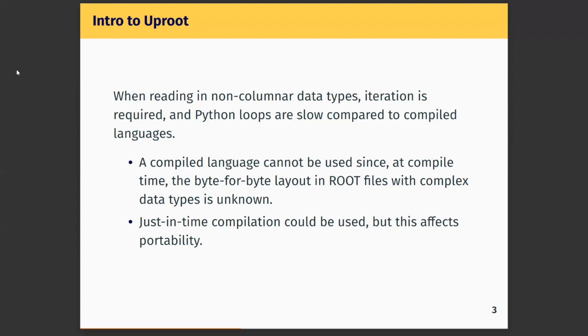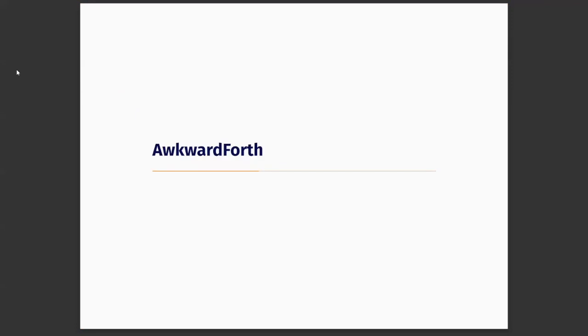And unfortunately, we can't use a compiled language at all because the byte-for-byte layout in the ROOT files for these complex data types is simply unknown at compile time. We need to read through the file to know what sort of data type we need to read in. Just-in-time compilation could be used. That would be the next logical step, but unfortunately that would affect the portability of Uproot, which is something we want to maintain. And so that leads into AwkwardForth.